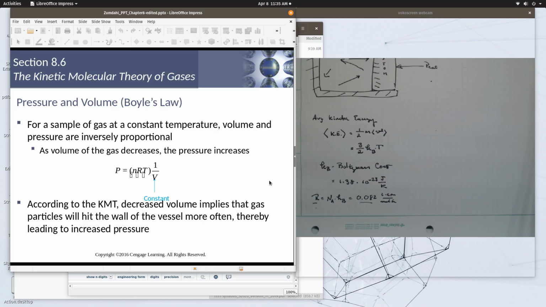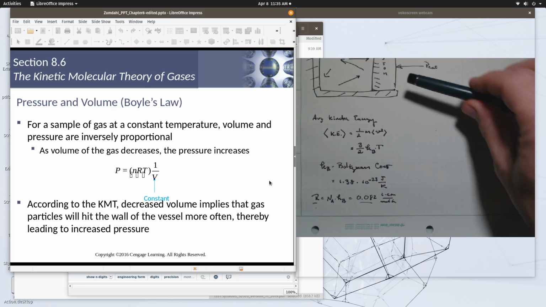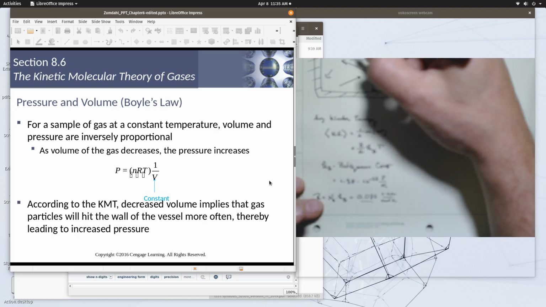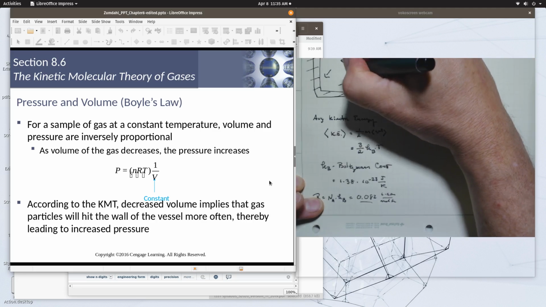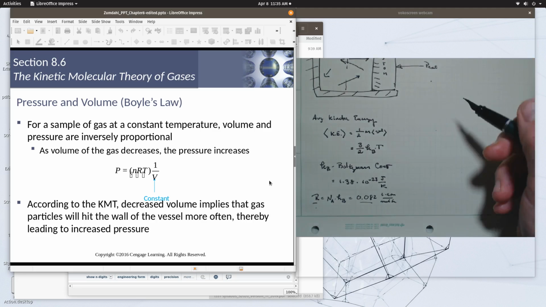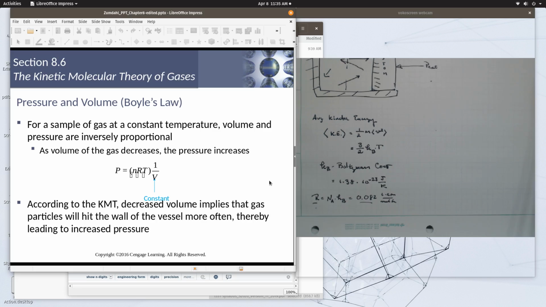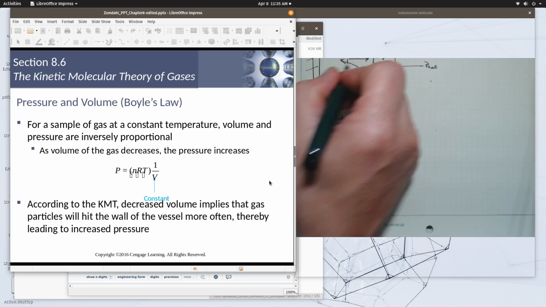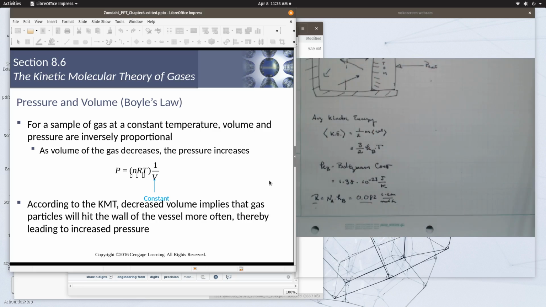That's Boyle's law. According to the molecular theory, if I squeeze on this piston, it's now a smaller volume inside, so I increase the pressure: I push in on the piston and the volume decreases.